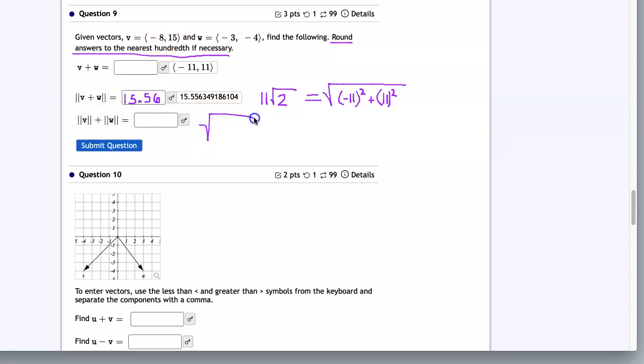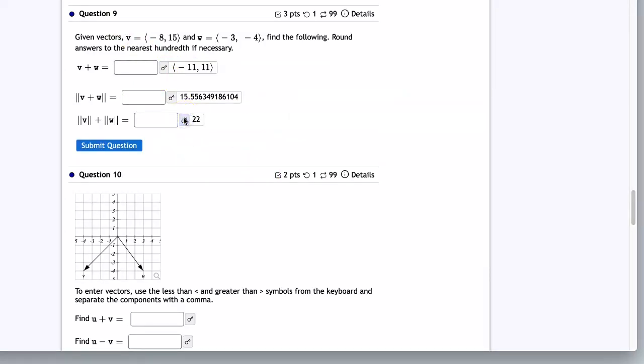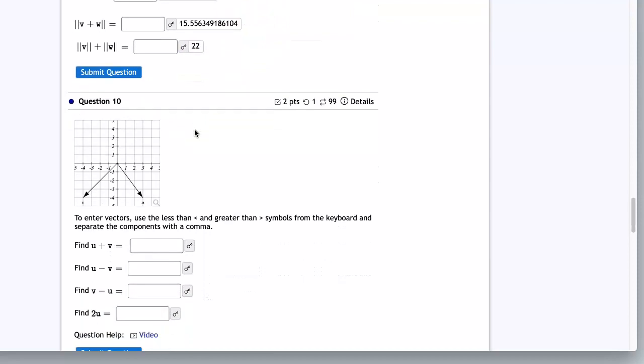So you've got the square root of, so here are the components for v, and here are the components for w. And now we add them together, and we end up with the answer, which is 22. That's because 8 squared plus 15 squared is 289, and that's 17. And then, of course, here we have a 3, 4, 5 triangle, and 17 plus 5 is 22.